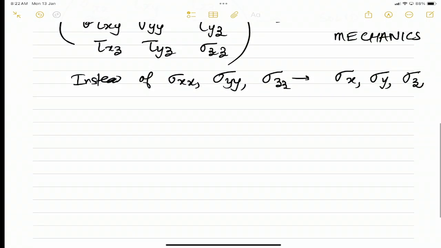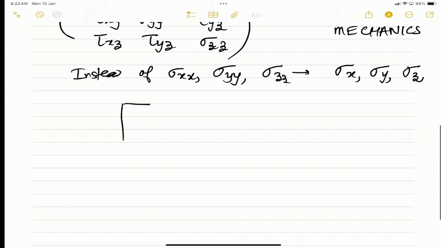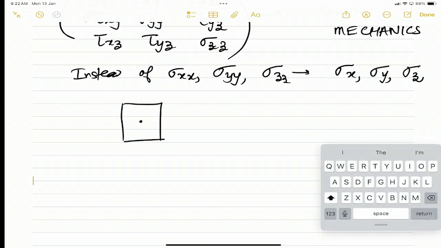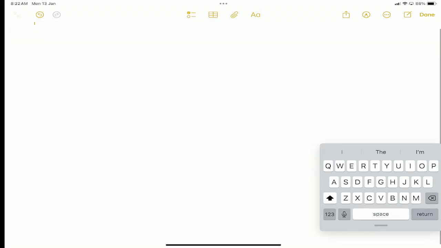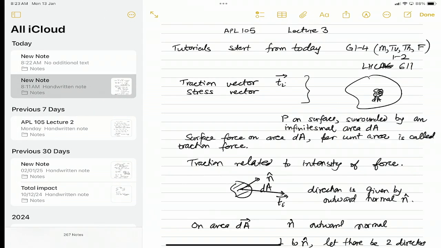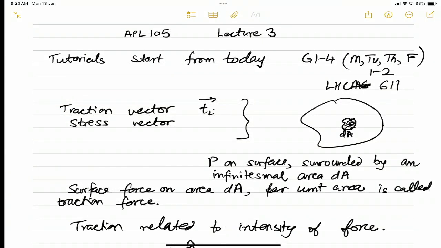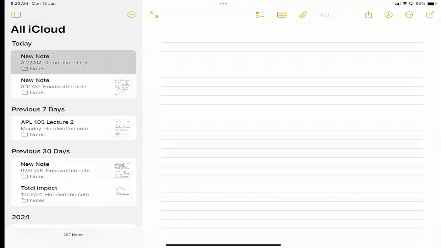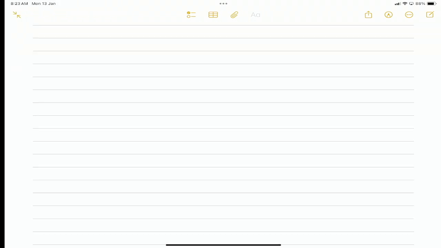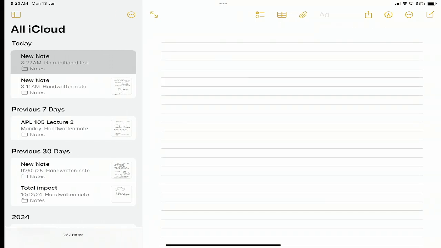Okay. So now, if this is the face we have... Where did that note go?